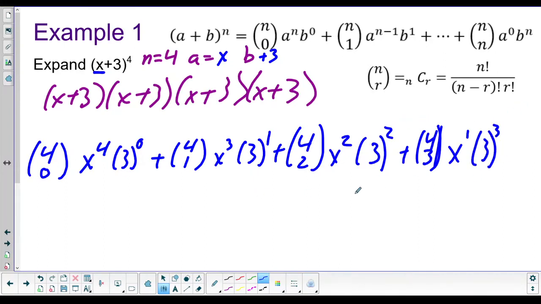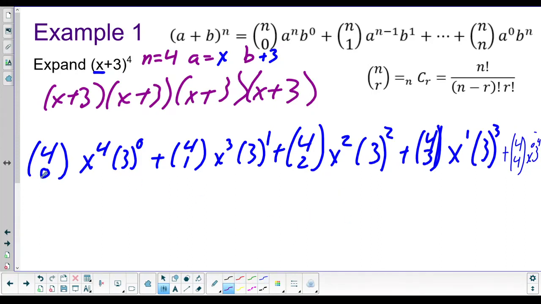And then last one, let's see if I can sneak it in there. Watch this. I'll make skinny lines. Plus 4 choose 4. x to the power of 0. 3 to the power of 4. Oh, I almost did it. There we go. So there's all of our terms.